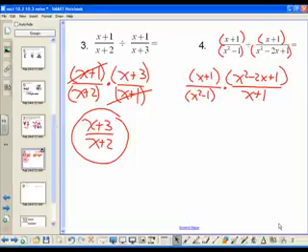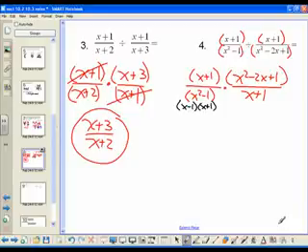But because I have quadratics here, I need to see if I can factor both of them. Now this one, you may not recognize as one of our special rules. So we'll use our diamond box to show that. This one you should be able to recognize as one of our special rules. It's the difference of 2 squares. So this one would become x minus 1 times x plus 1, like that. We'll save that for later.